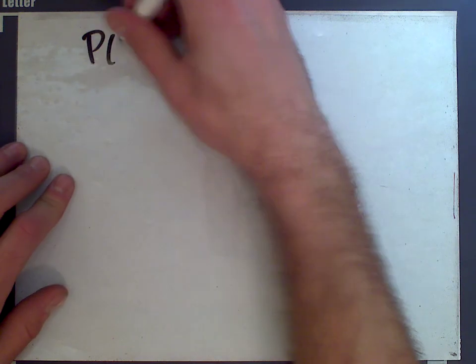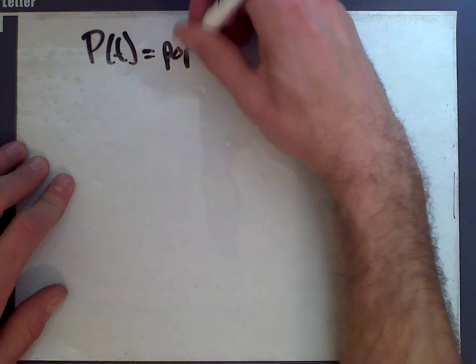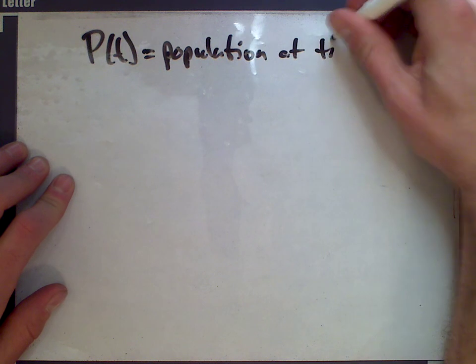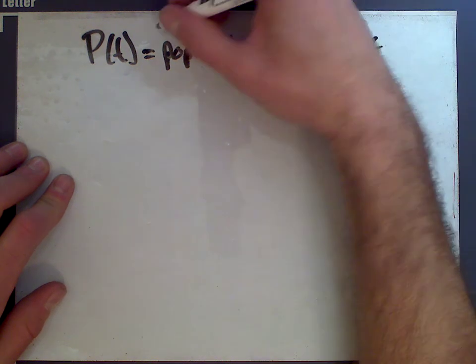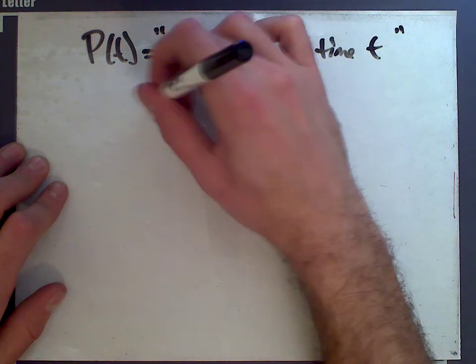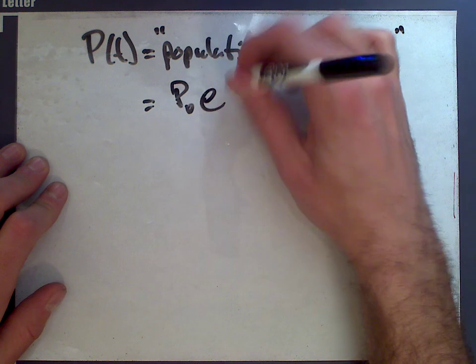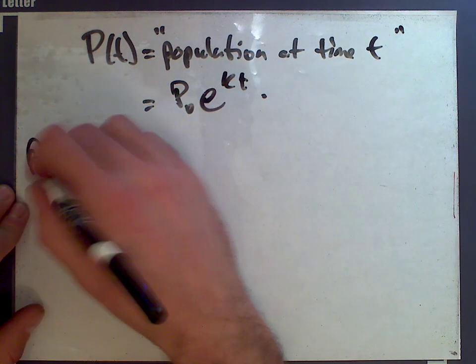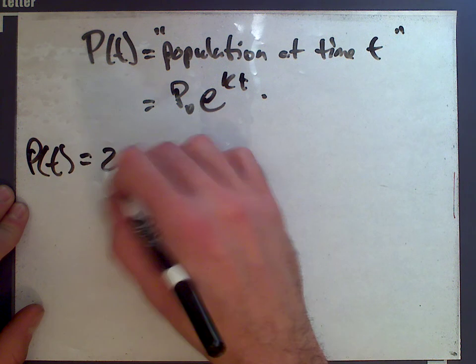Okay, so let me remind you what we have. Here's the general formula for the population at time t. T will be in hours for us. It's P0 times e to the power of kt. And we know P0 is 2,000.